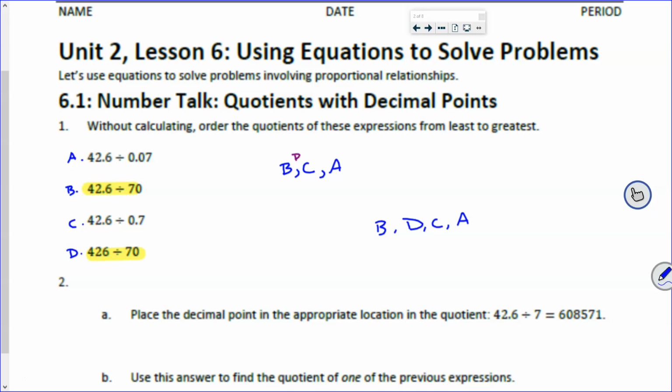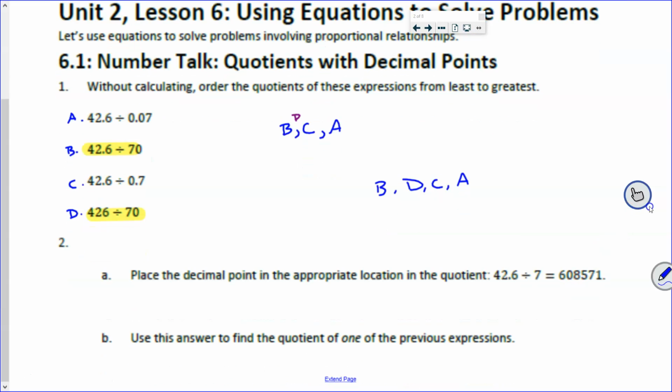Okay, and what are your thoughts? Let's talk about 2A. Where is that decimal place supposed to go? How did you answer this question since I didn't let you use your calculators? Let's hear some strategies.